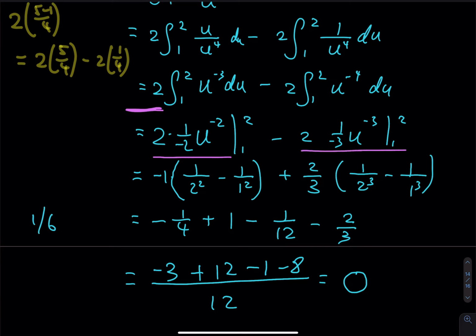And then we have a negative 1. 1 divided by 2 squared. And then 1 over 1 squared, okay, minus minus, so we get a plus 2/3, 1 over 2 to the third, and then 1 over 1 to the third, okay. So negative 1 over 4, minus minus to get a plus 1 over 1.